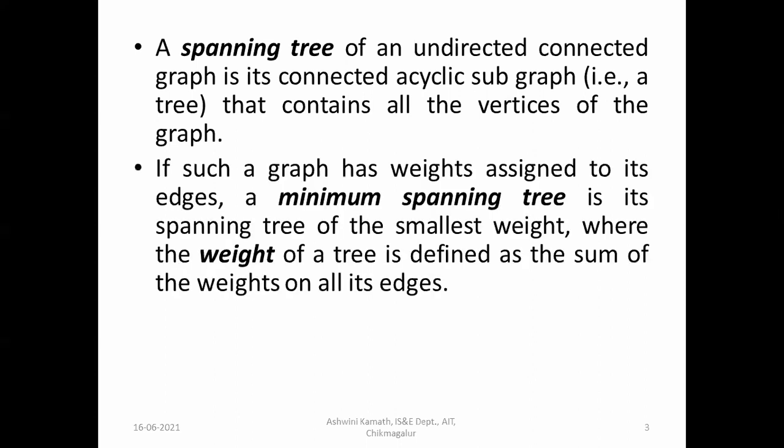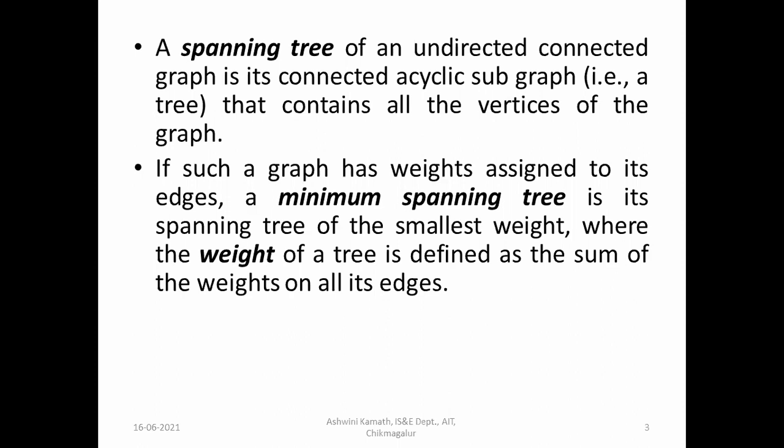In such a graph, which has weights assigned to its edges, a minimum spanning tree is its spanning tree of the smallest weight. If we have a graph, we can create many spanning trees depending on the number of vertices and the number of edges we have in it.